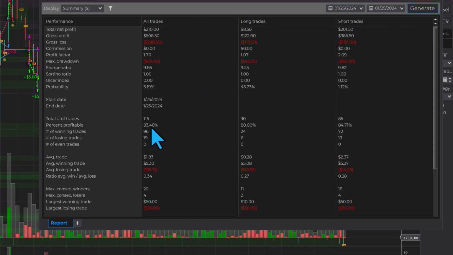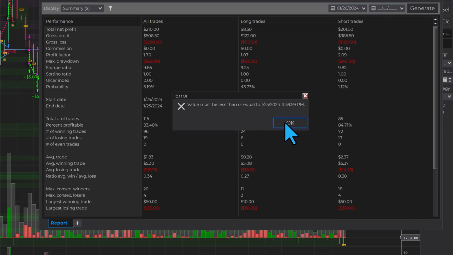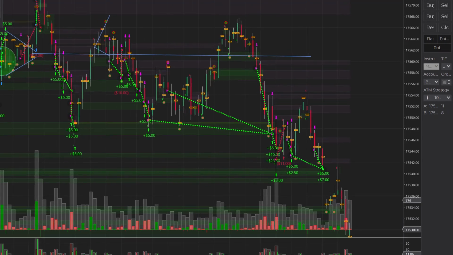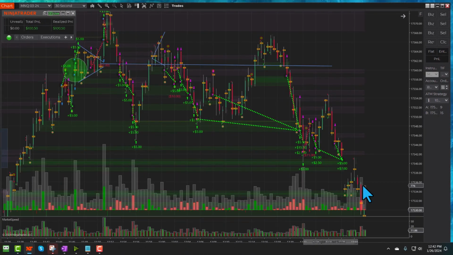So on the 25th I did 83%, and on the 26th, it is today, right? Today on the 26th, generate. Boom. I've done again 83%. So 82%, or above 80, is normal, and all of my trades you see right on the screen. Nothing to hide.